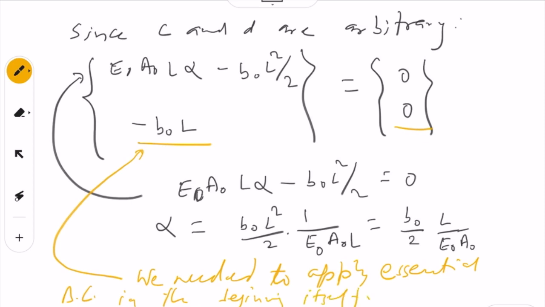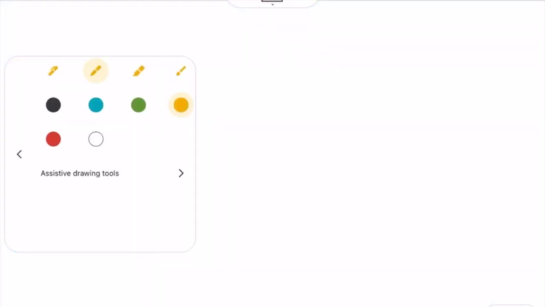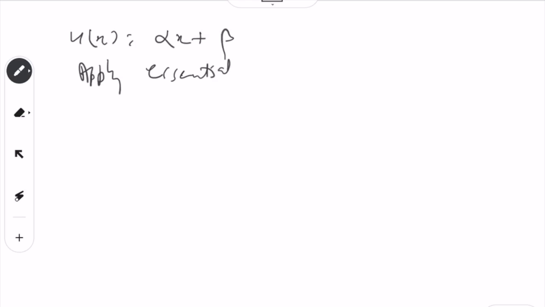Meaning that when we proposed u of x equal to alpha x plus beta, the first thing you should do is apply the essential boundary condition. That means u of 0 equals 0, so alpha times 0 plus beta equals 0, and hence beta equals 0.